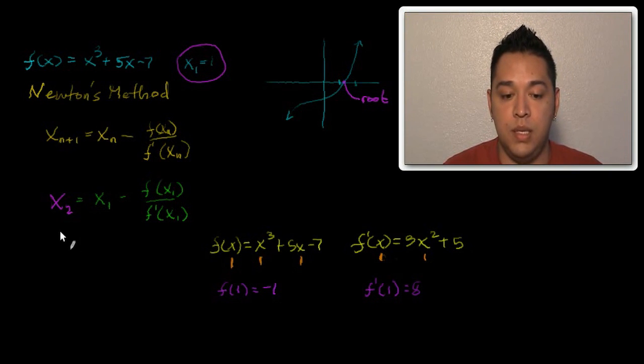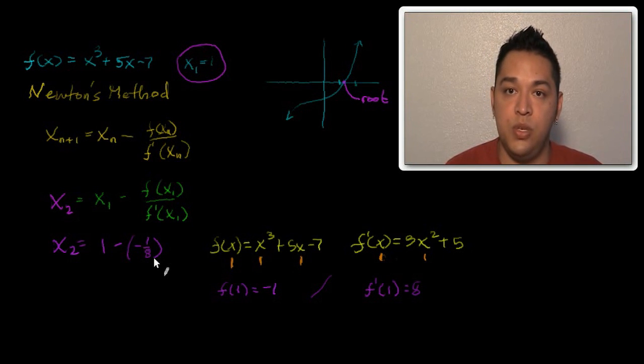So x of 2 is going to equal x of 1, which was this one over here, 1 minus the division of these two. I'm going to divide this by that, which is a negative 1/8.